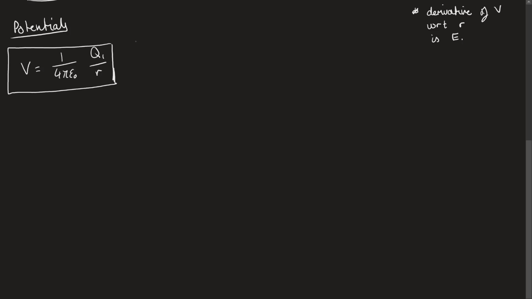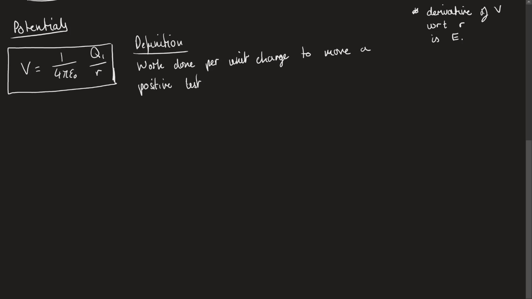Okay, and we defined it. So the definition is that we have the work done per unit charge to move a positive test charge from infinity to that point.